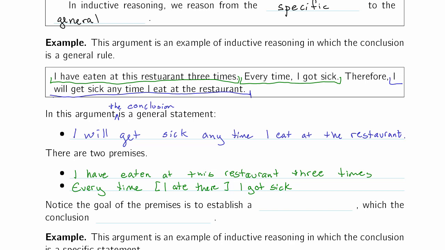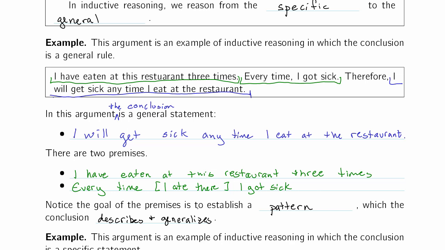So notice what's actually happening, right? In this argument, our premises are establishing a pattern. And then the conclusion describes and generalizes that pattern. It's happened every time so far, therefore I conclude that it will happen every time. That's the general structure of inductive reasoning.